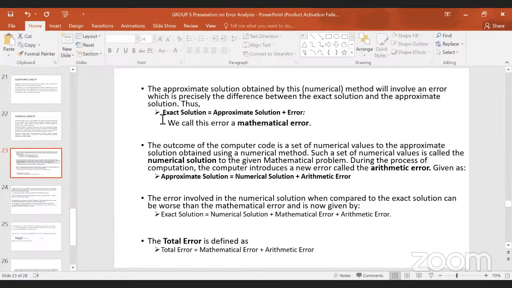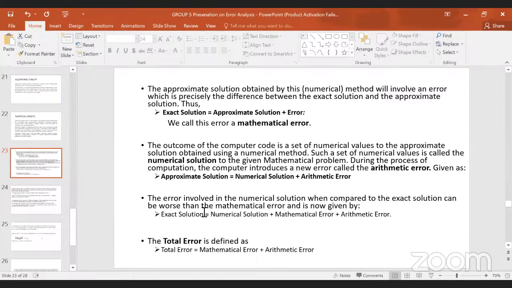Don't forget we said exact solution equals approximate solution plus error. But during the computation, when the system is performing its own work, it pops up another error called arithmetic error. Now it tells us that our approximate solution equals numerical solution plus our arithmetic error.